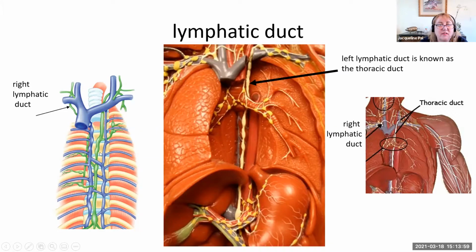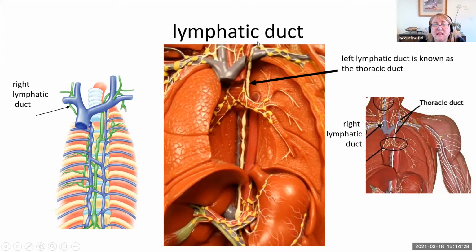Parallel to that, on the left side, you can see one that's quite a bit longer. In fact, on the left side, it originates in the abdomen, only we don't call it the left lymphatic duct. It's called the thoracic duct, even though it starts in the abdomen, and then it travels all the way up on the left side of the thorax, right next to the vertebral bodies.